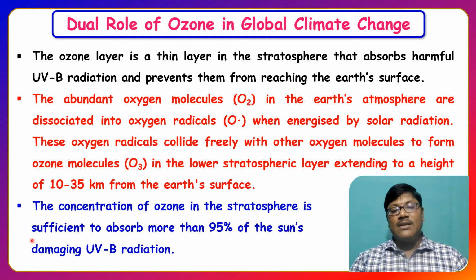Ozone formation takes place naturally in the atmosphere, but it is very slow. The concentration of ozone in the Earth's stratosphere is sufficient to absorb UVB radiation up to 95%.